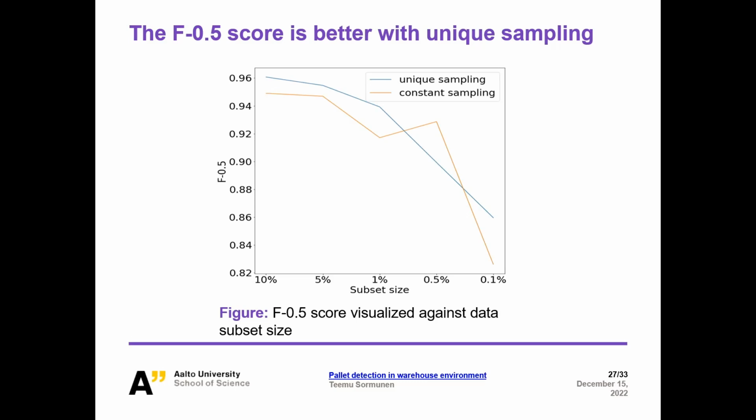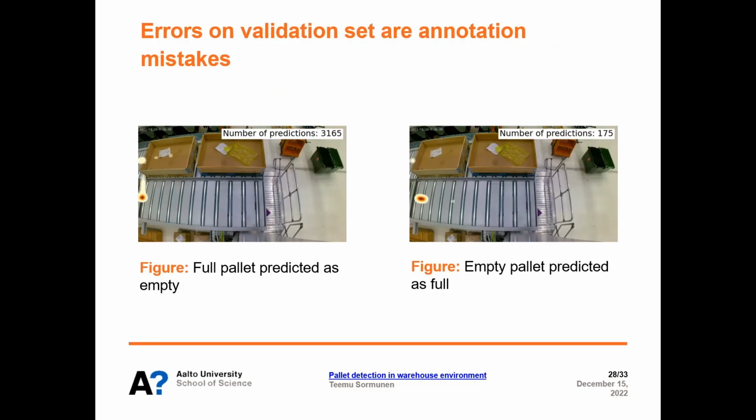F-score is great for measuring the general performance of the model, but when we need to know how we actually perform on the end case, we have to use different metrics. Here we have visualized the errors on the conveyor belt. The middle coordinates of the pallets are taken from the pallets that have been predicted erroneously. On the left, full pallets predicted as empty are visualized, and on the right, empty pallets that are predicted as full are visualized.